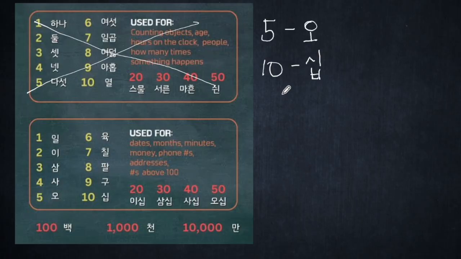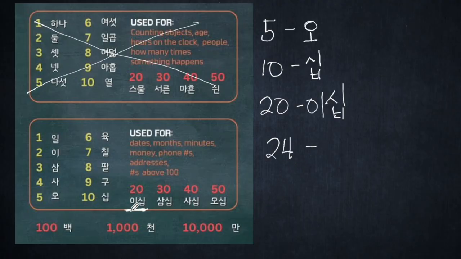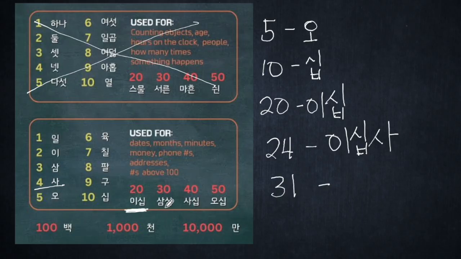What is 20? 20. So what is 24? You have to say 20 first. 24. How would you say 31? 30 is 30. 31.